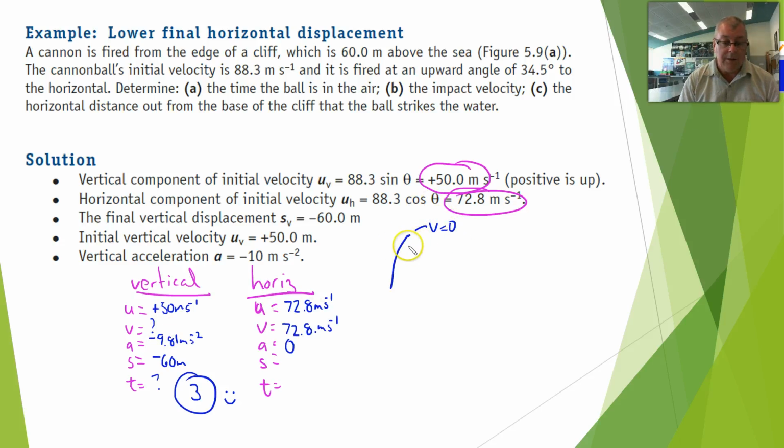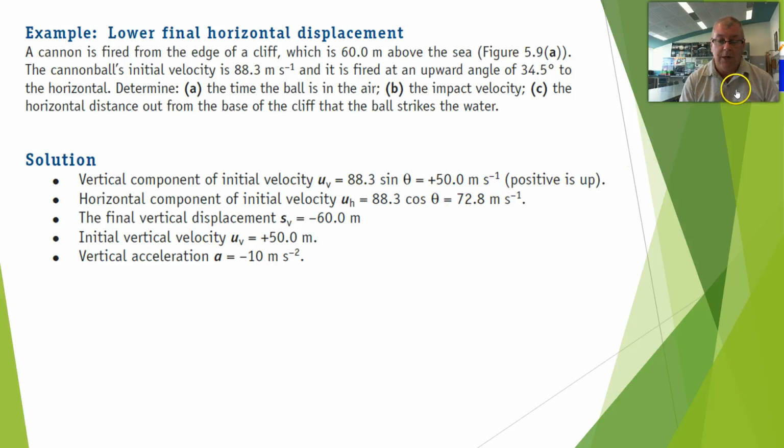We could work out the distance it goes up, so we could get rid of this S, and instead of using minus 60, we could work out how high that goes up, and then 60 plus x is how far it's going to fall. We make that minus. There's a whole lot of different ways of doing this sort of question. So let's just go through one way that the textbook does, and when you start doing some questions you might have a go at doing it different ways, depending on the question.